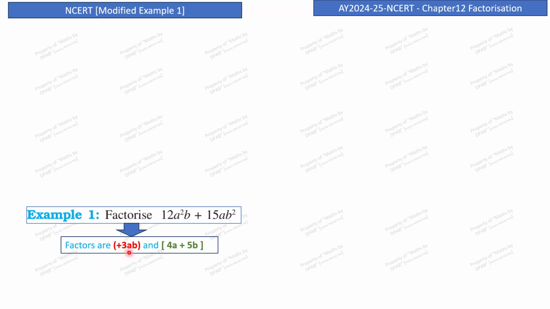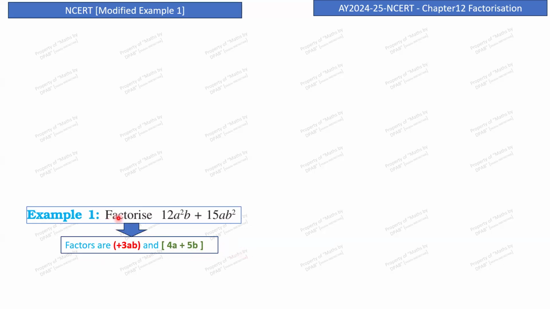So positive 3ab is the first factor, or simply we can call 3ab the first factor. And the second factor is a binomial. The first factor is a monomial because it has only one term, and here we have two terms. The second factor is 4a plus 5b, which is a binomial.